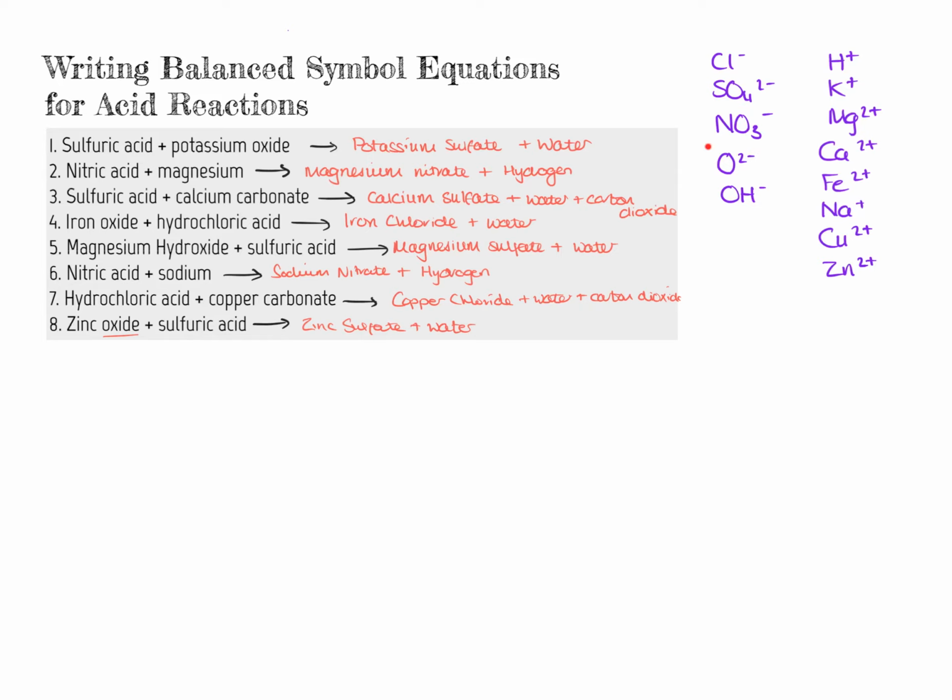Then we've got these that come from acids. So we've got chloride from hydrochloric acid, sulfate from sulfuric acid, and nitrate from nitric acid. And then we've got things like oxide, hydroxide, and I've missed one out, carbonate. There we go. So there's our negative ions as well.